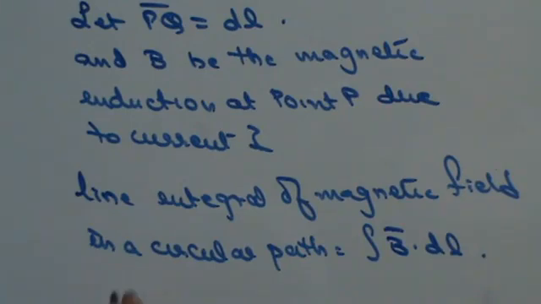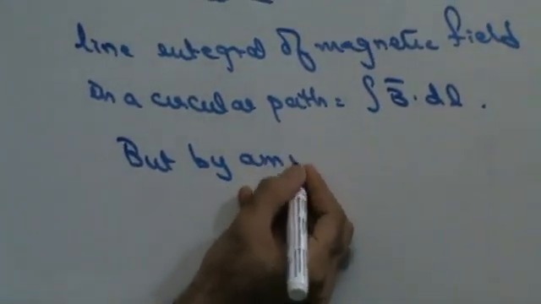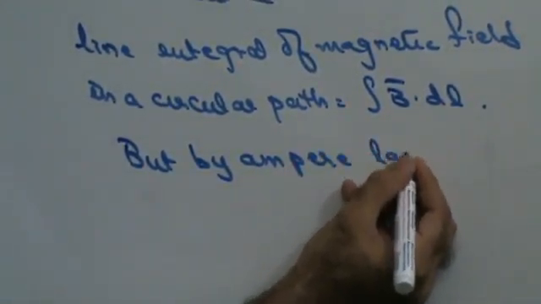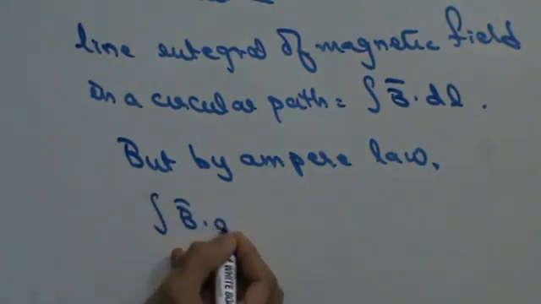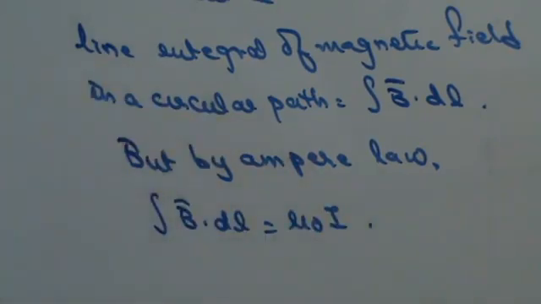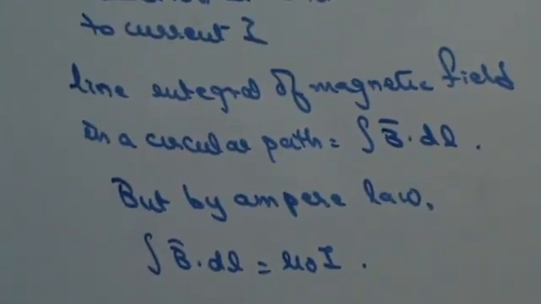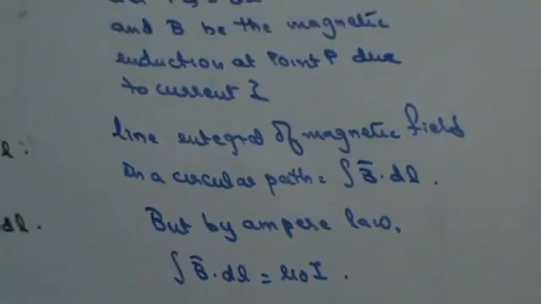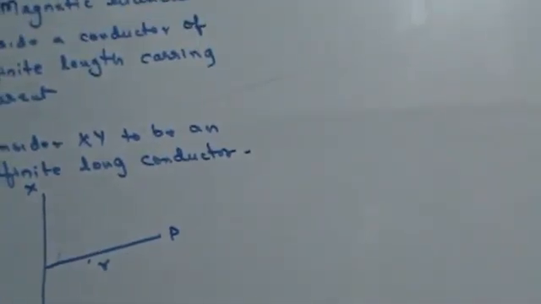But by Ampere's law, integral of B vector dot dl vector is nothing but mu 0 I. If I apply Ampere's law, this is what I'll get. Now, where mu 0 is the permeability of the medium. Now let us assume that theta is the angle between B and dl. So in that case, theta has to be 0.